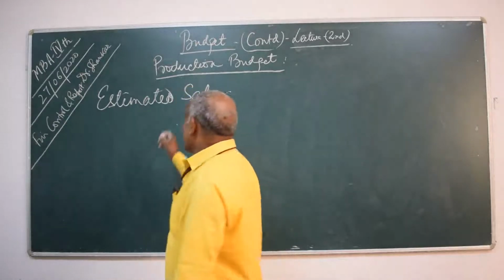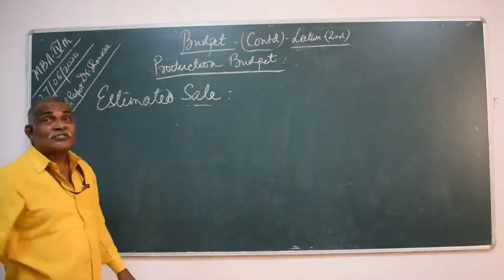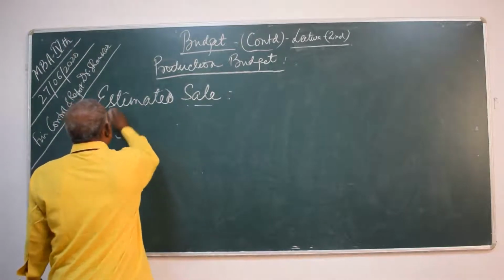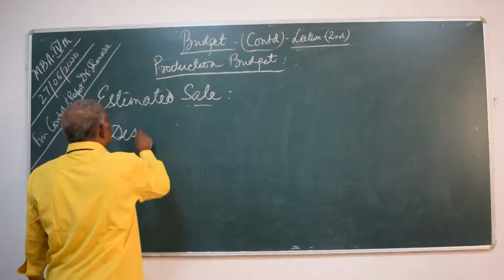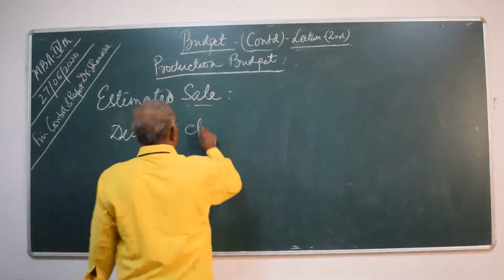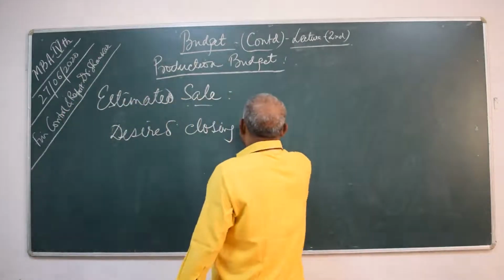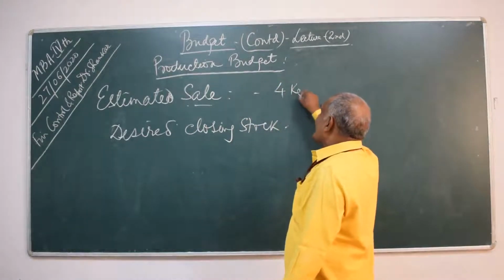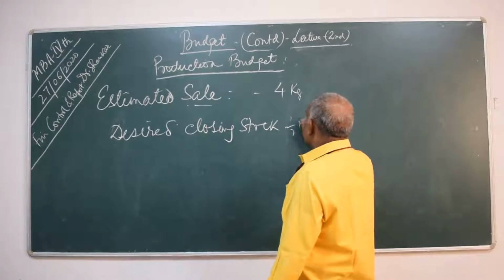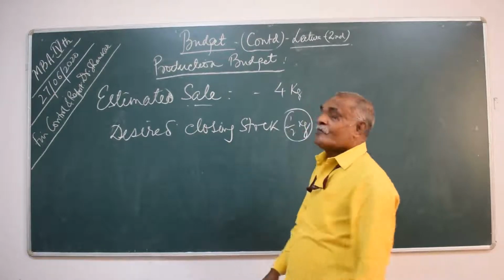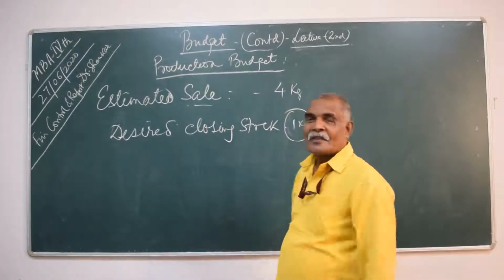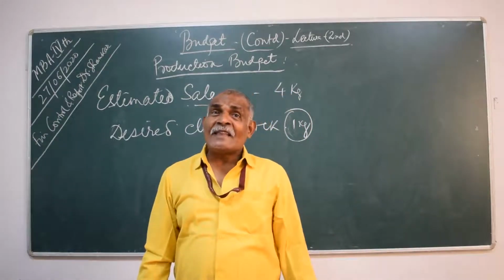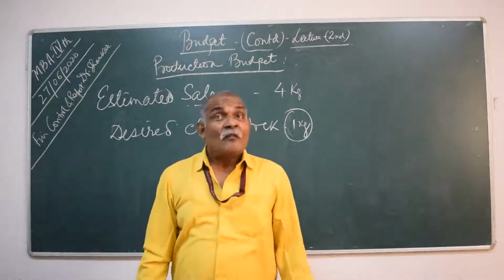So that in the morning we will make jeera fry and consume it. It means in addition to estimated sales, you have to have the idea about the desired closing stock. That is, in addition to 4 kg of rice, we want to produce half kg more or 1 kg more. Do you want to cook 5 kg?